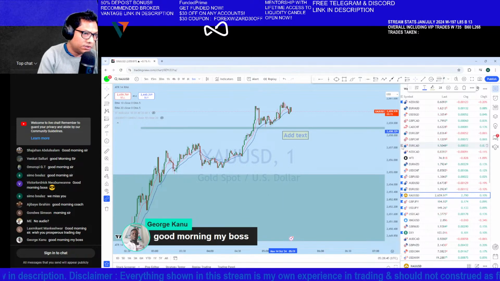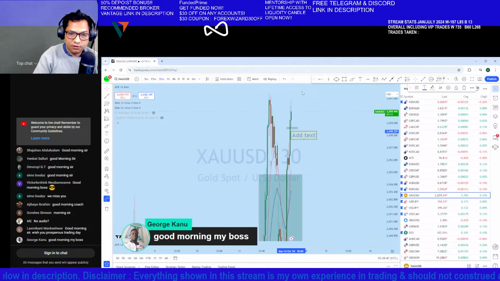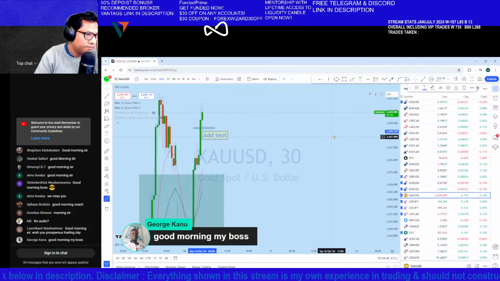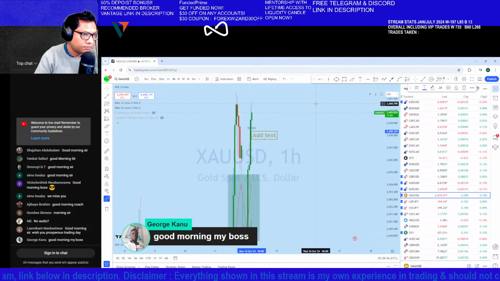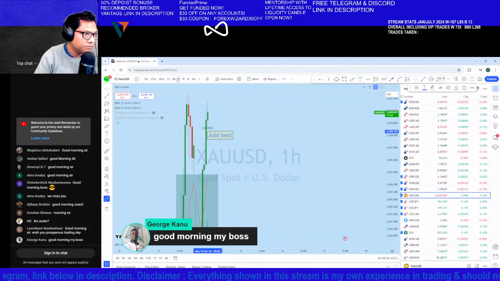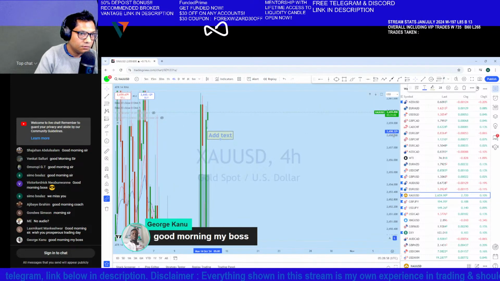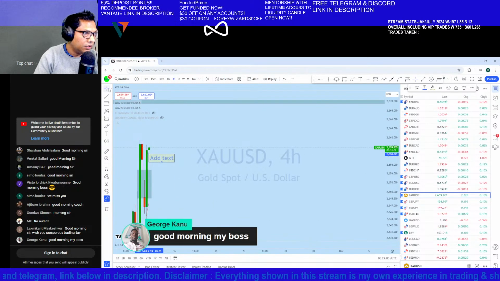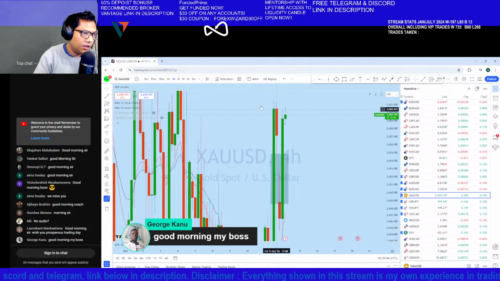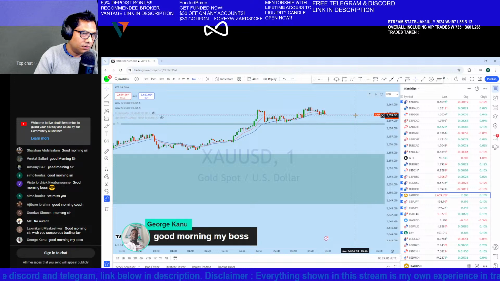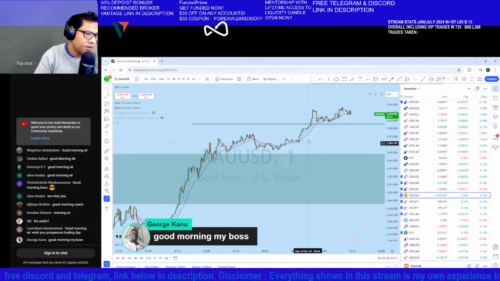So this is one. If we look at the timing, I think we might see a deeper pullback here, even potentially some downside momentum.